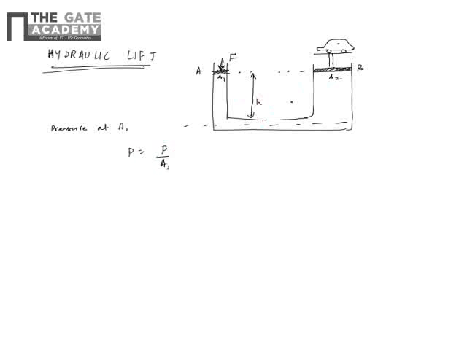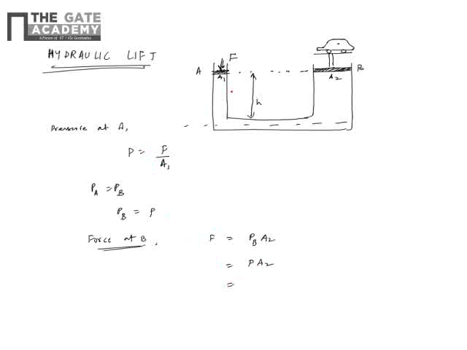We have assumed that these locations are at the same level, so the pressure at A is equal to the pressure at B. Therefore the pressure at B is P. And now the force exerted by the pressure at B on the piston at B will be pressure at B into A2.